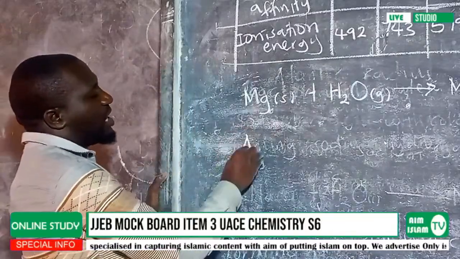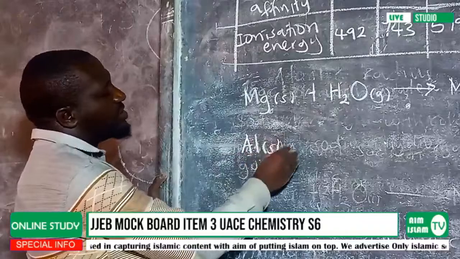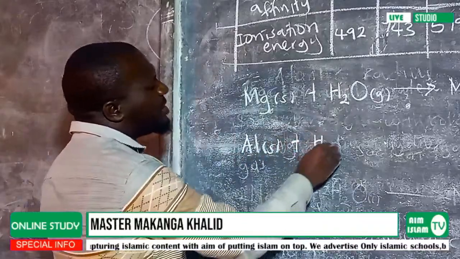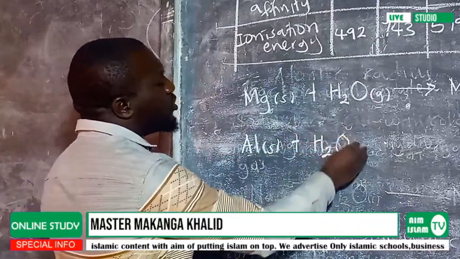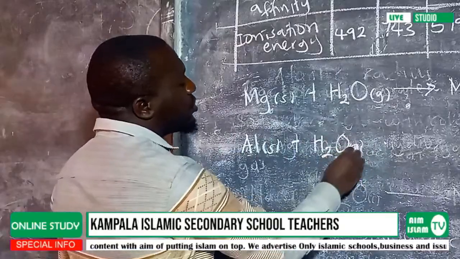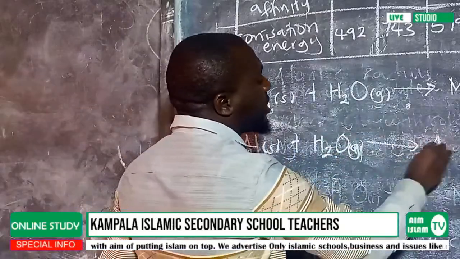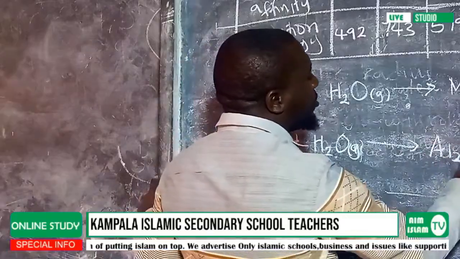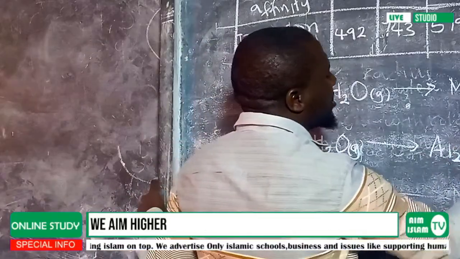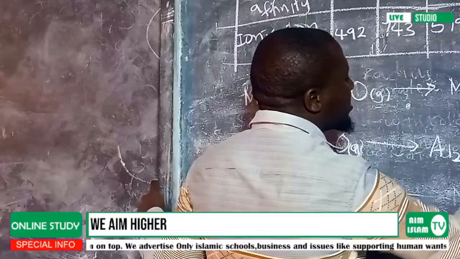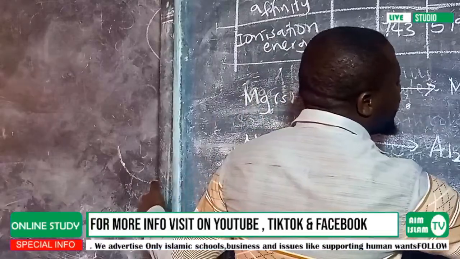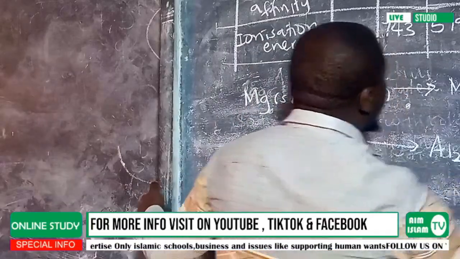Aluminium, which is a solid, heated, reacts with steam, and at the end you form aluminium oxide, which is solid, plus hydrogen gas.